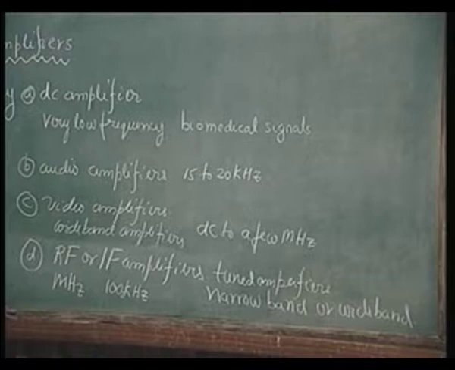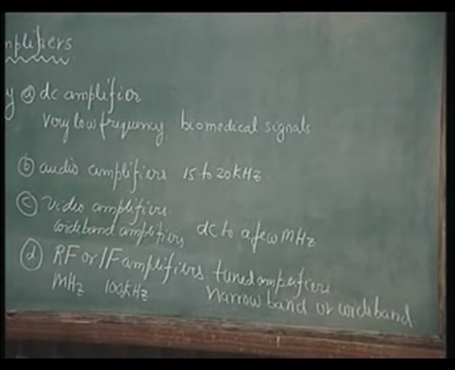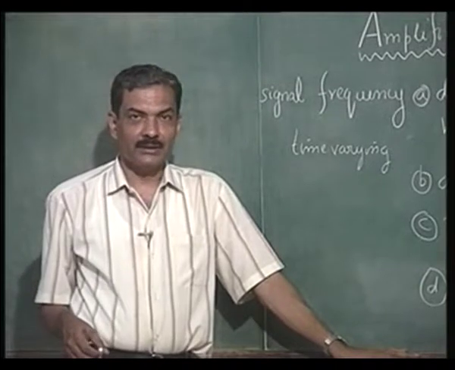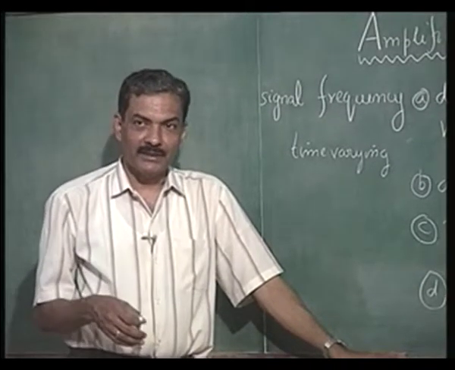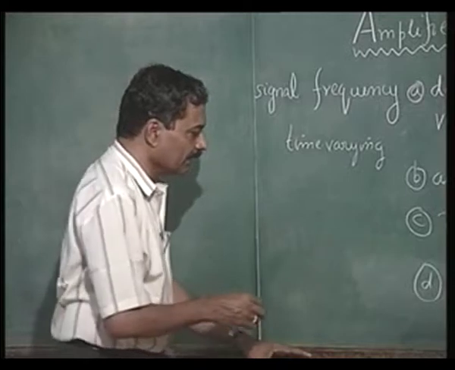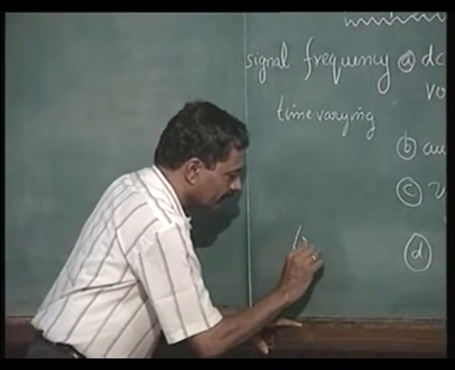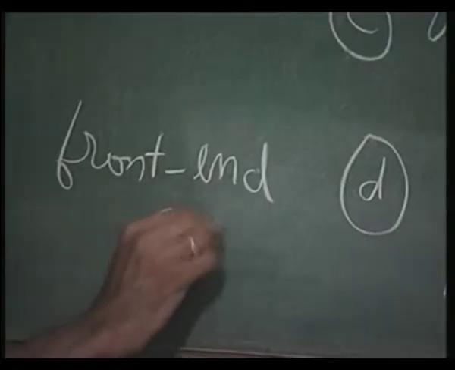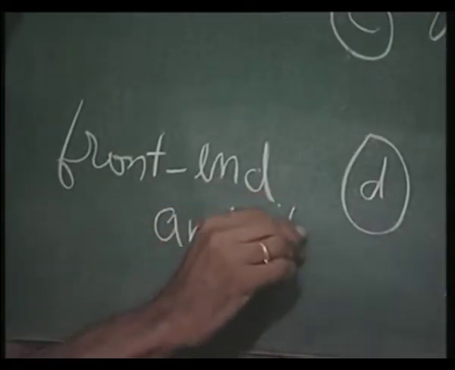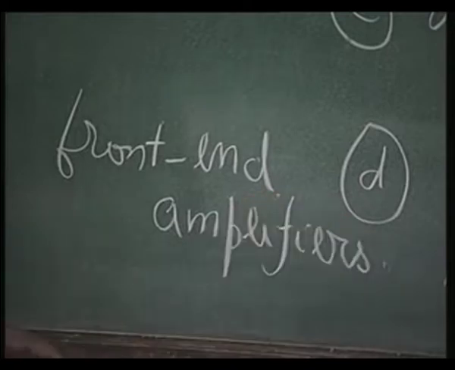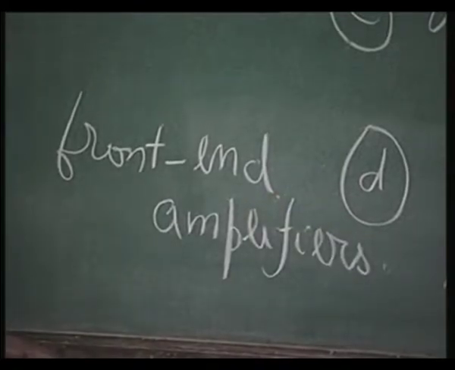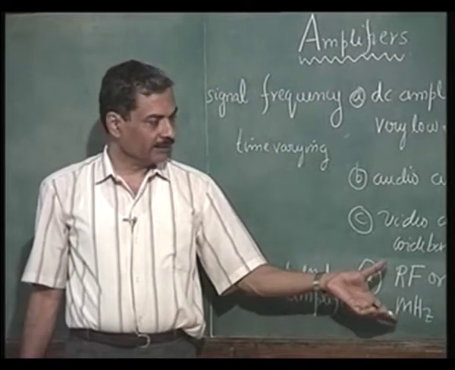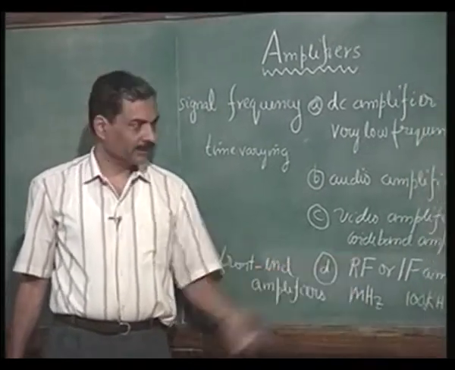These are found as front end amplifiers in all your receivers, radio receivers or television receivers. So these are basically front end amplifiers. These are the amplifiers which are working for the highest frequency of usage.